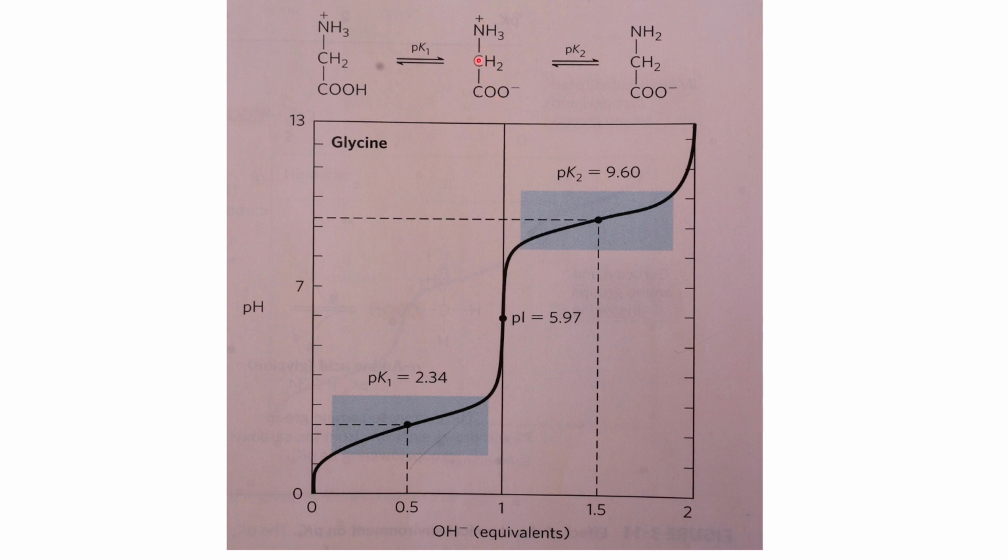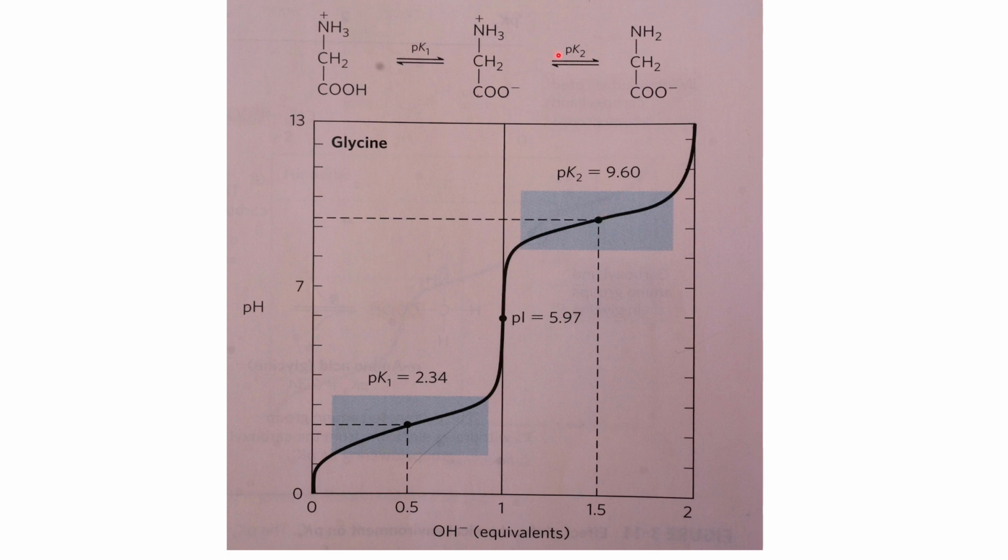Now you've got a net negative charge, and then we call that the PI, the isoelectric point, and then the pKa occurs when you get this sort of equilibrium here. Again, the pKa is going to be the product over the reactant, and you get two different buffer zones for glycine, which is your simplest amino acid.